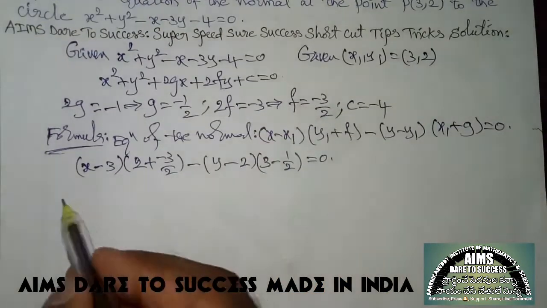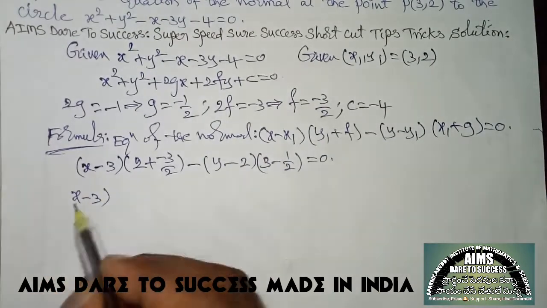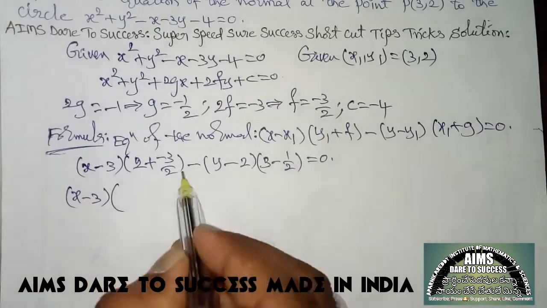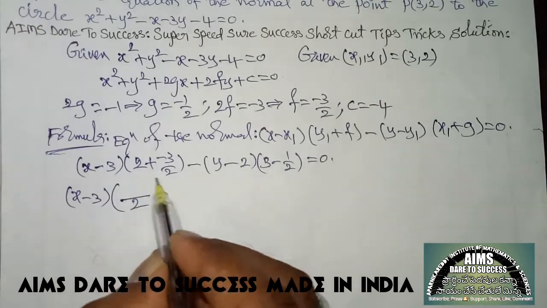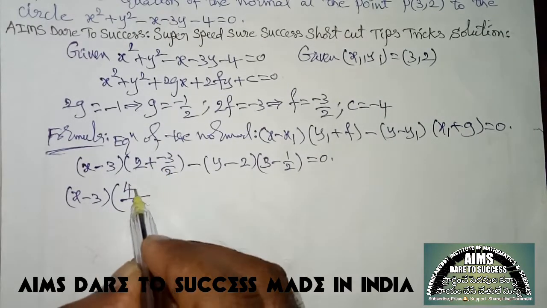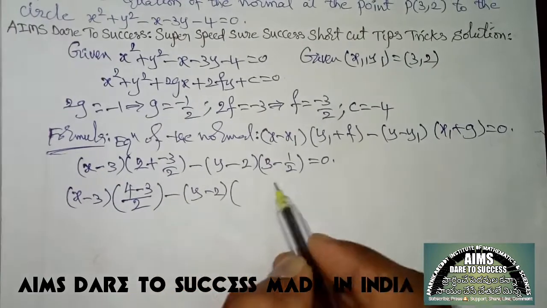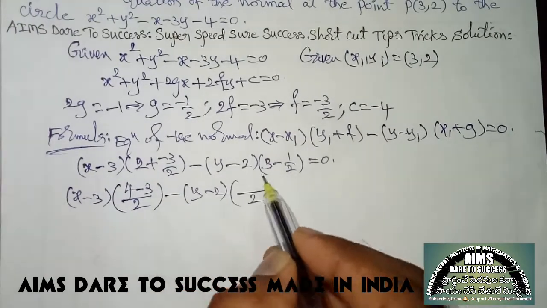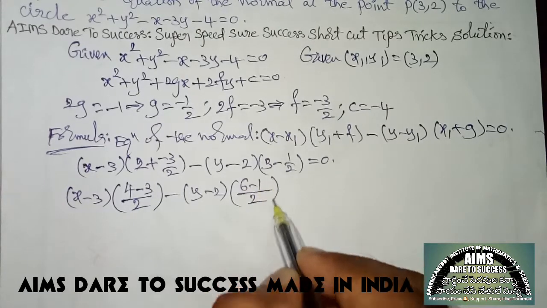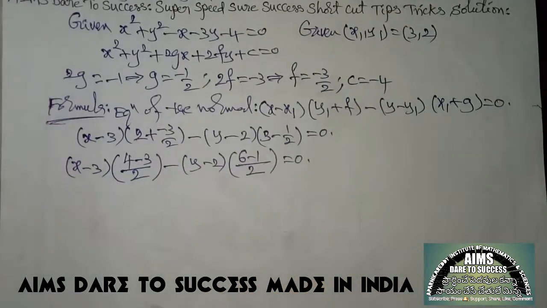So now I wanted to simplify here, my dear students. X minus 3 into, taking LCM, 2 is LCM, 2 into 2 is 4 plus into minus minus 3 by 2, minus y minus 2 into, here also I am taking 2 as LCM, 2 into 3 is 6 minus 1 by 2 is equal to 0.